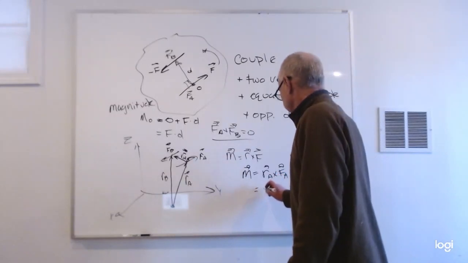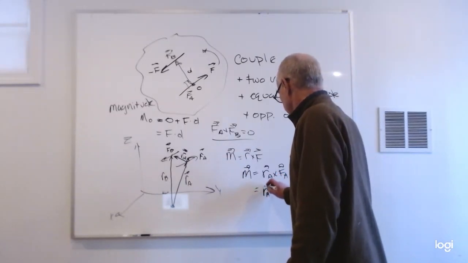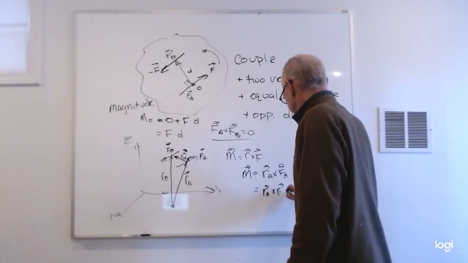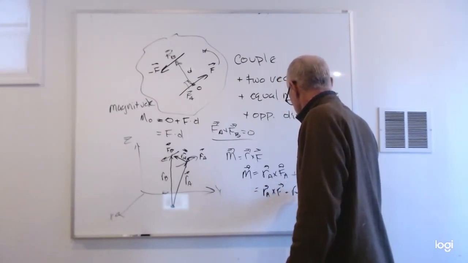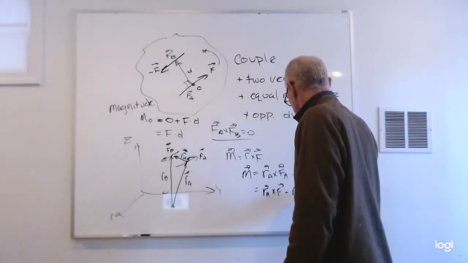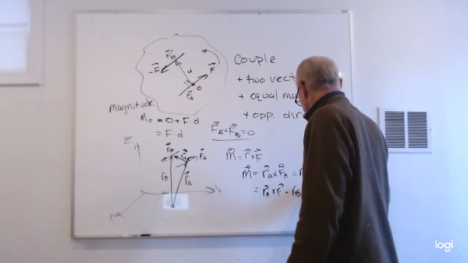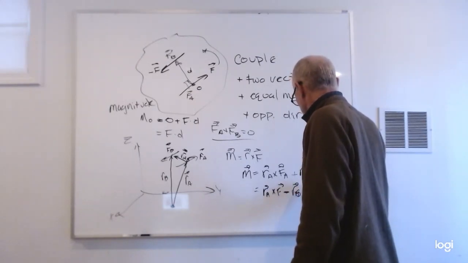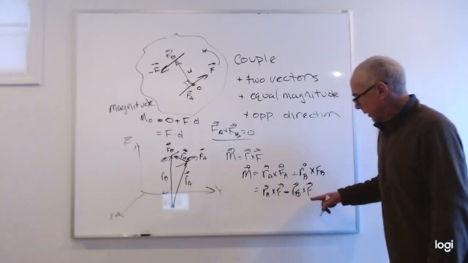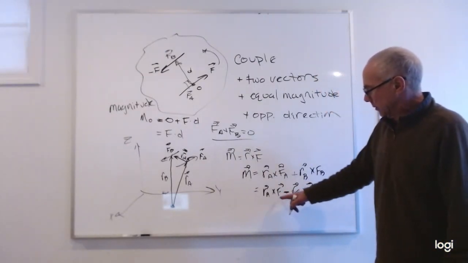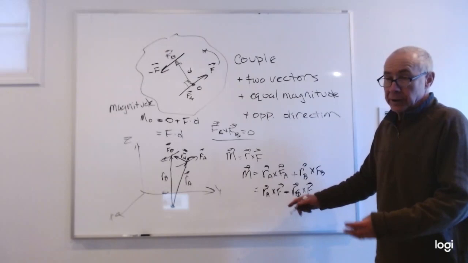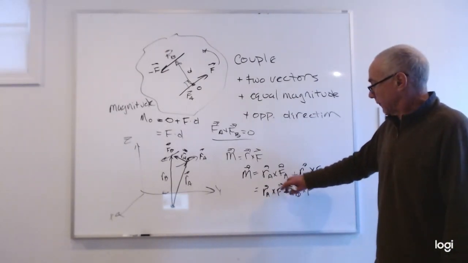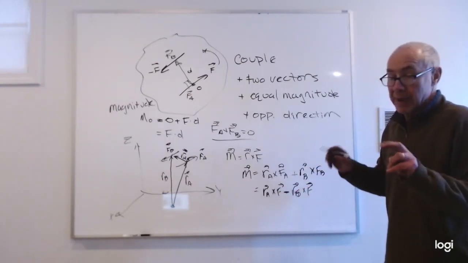So we're going to end up with RA cross F plus RB cross F. Oh, I need a negative sign here, because one of them is going in the other direction, right? Because they're equal and opposite. So we can just apply a negative to it, and we'll have FA and FB, basically just calling them F.